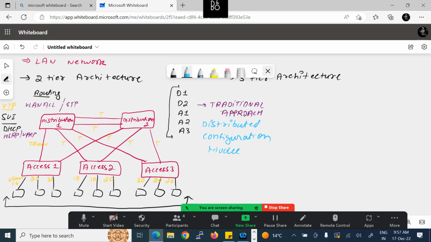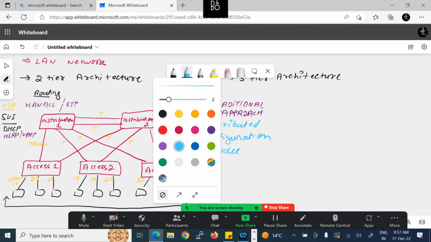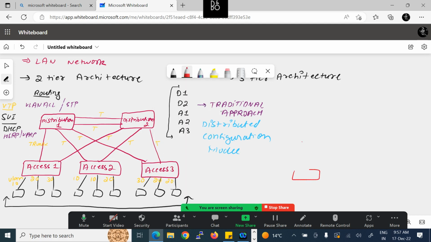So in a network, if you're following three-tier architecture, it doesn't make any difference in this approach. The difference is that in three-tier architecture, you have the access layer, you have the distribution layer, and you have the core layer, C1, C2.